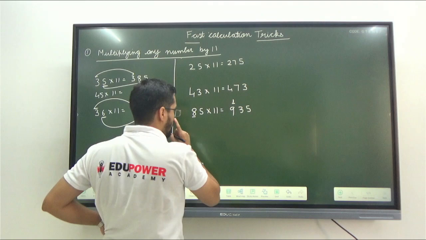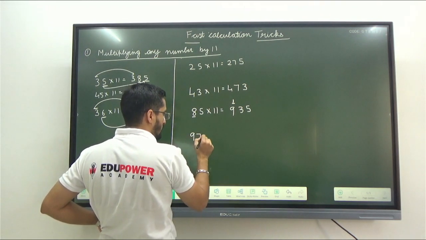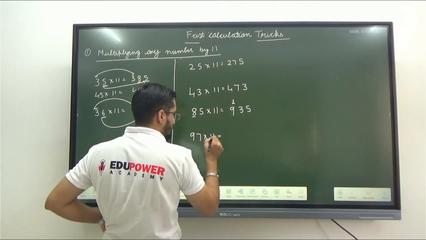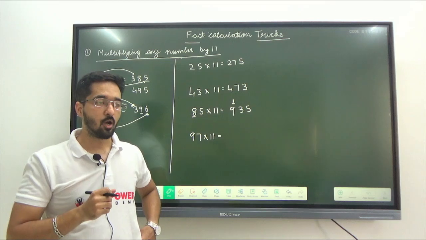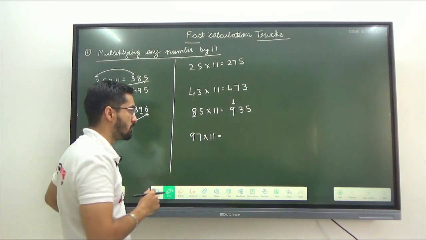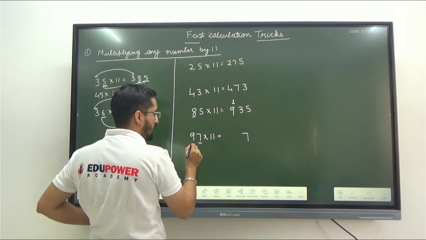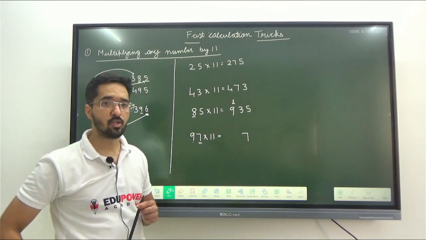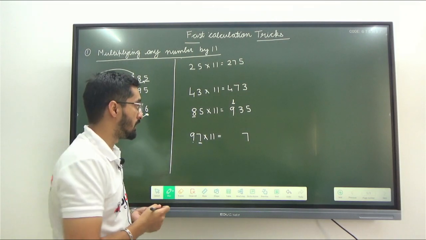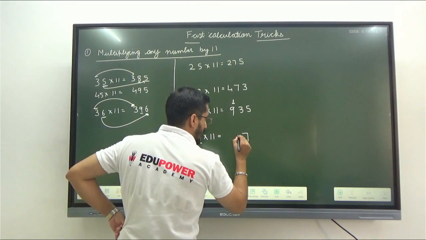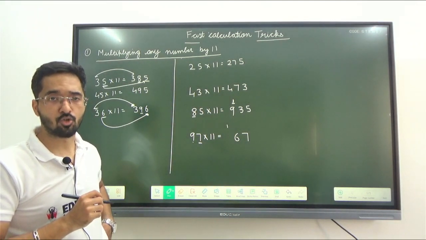One more question we are going to do. Suppose you have to find 97 into 11. How do we get the answer? We write 7 here, then we write 9 plus 7. 9 plus 7 is 16, right? 6 I write here and 1 I carry forward, carry at the top.